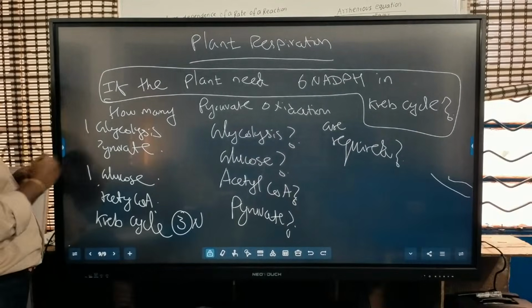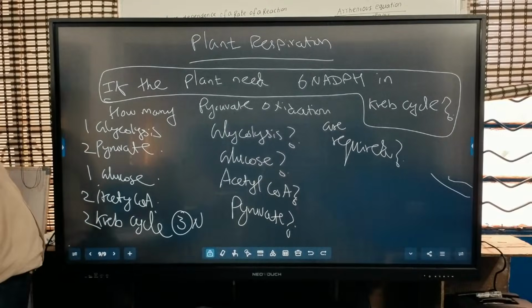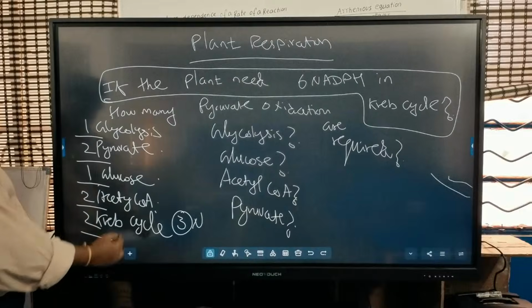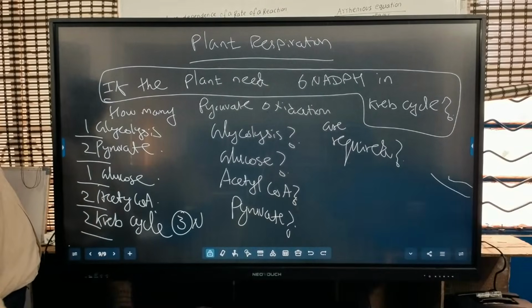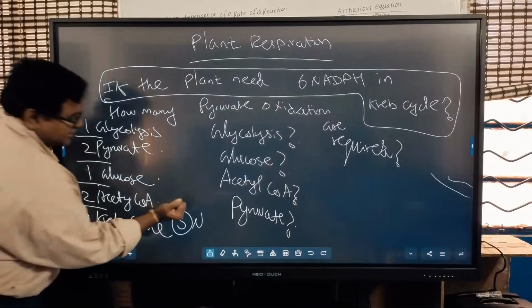So 1 glycolysis, 2 pyruvate, 1 glucose, 2 acetyl-CoA, 2 Krebs cycle. They have already given 6, so how many NADPH will be formed for 2 Krebs cycles?